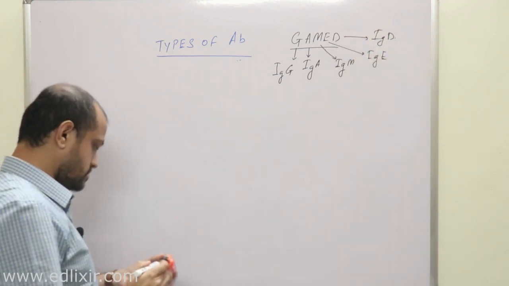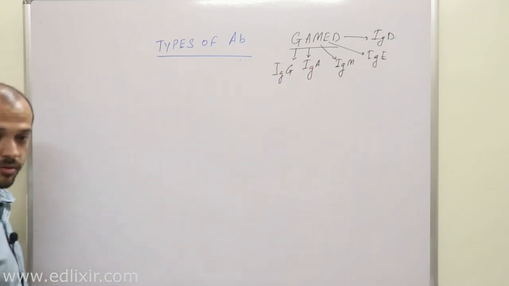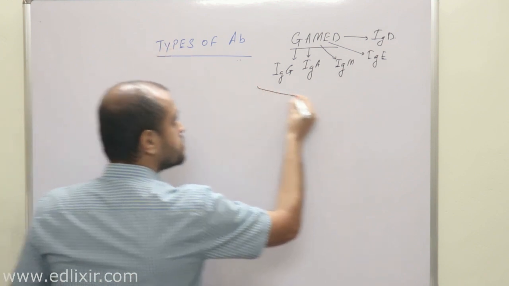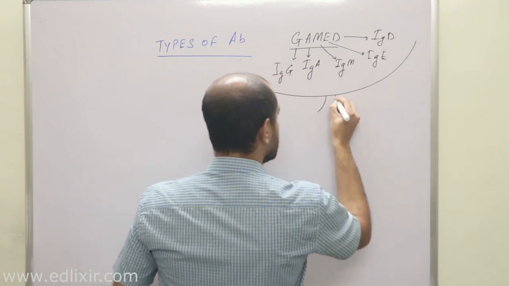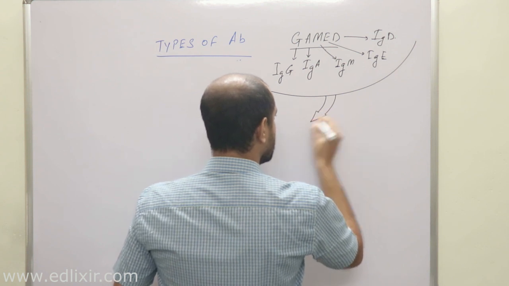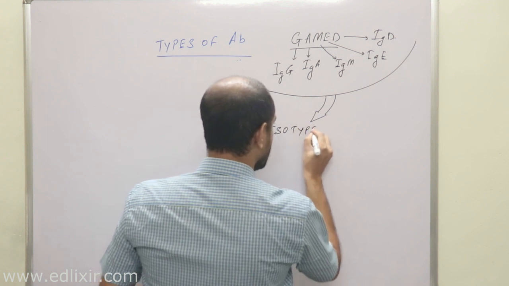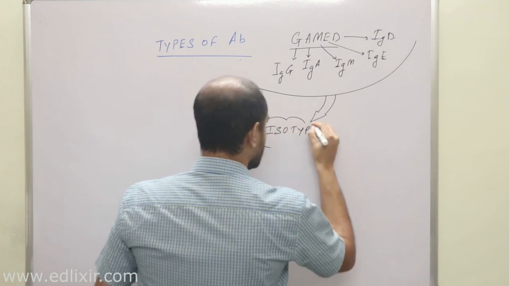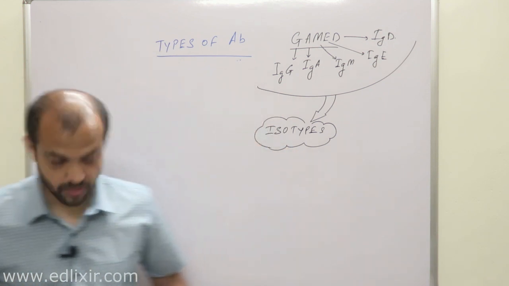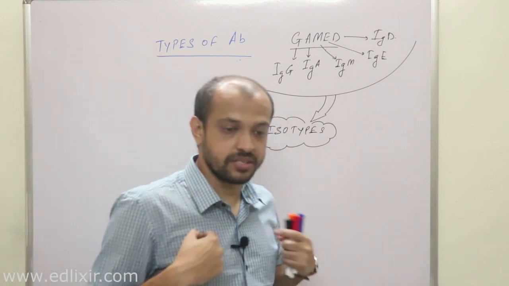Now listen with all your attention. So there are actually 5 types of antibody. These 5 types of antibodies are called isotypes. So what do you mean by isotypes? Isotypes are antibodies which are present in a person but they are different.